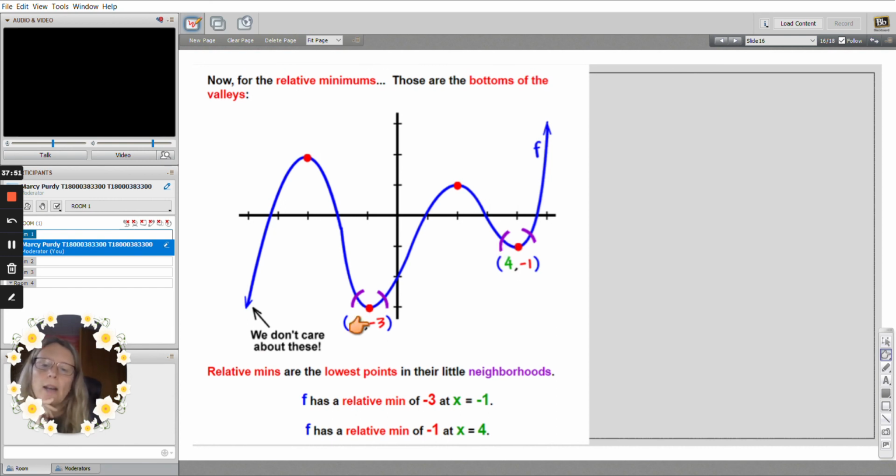We have a relative min of -3 at x equals -1. Then we have a relative min of -1 at an x value of 4. Okay, so remember, height is always the y coordinate, and that's always the max or min.